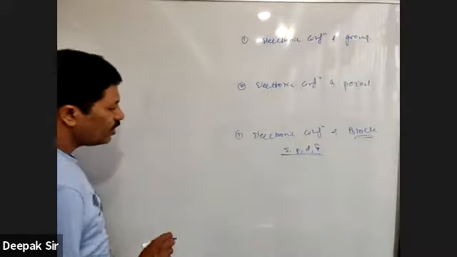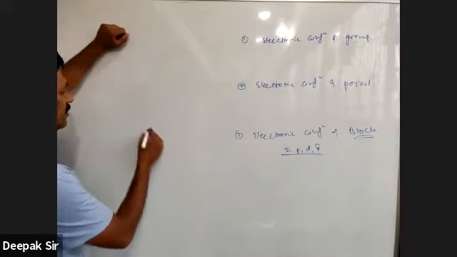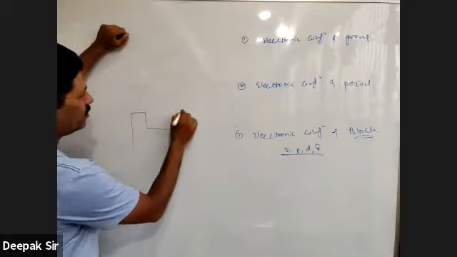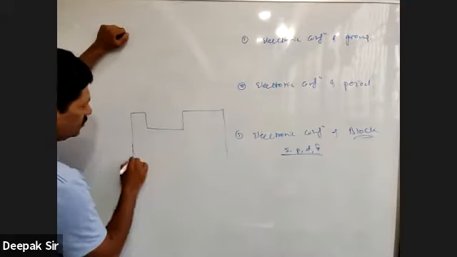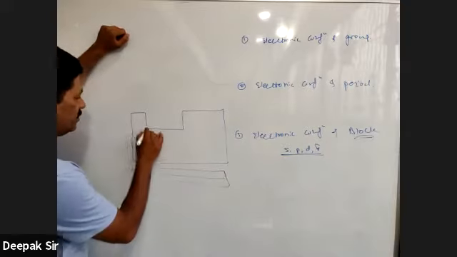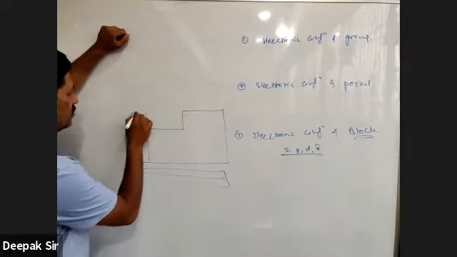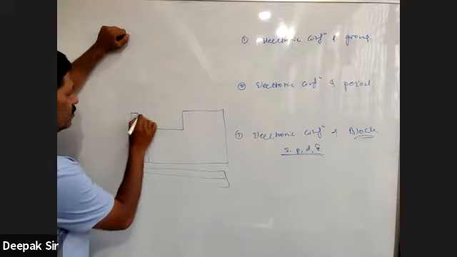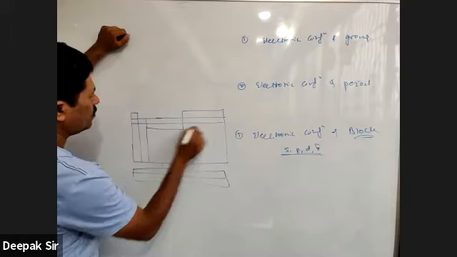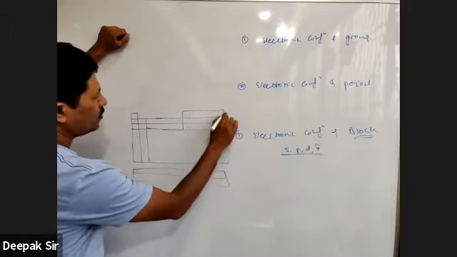Now, we have already seen the rough diagram of this periodic table. So this is a rough diagram of the periodic table you can have.